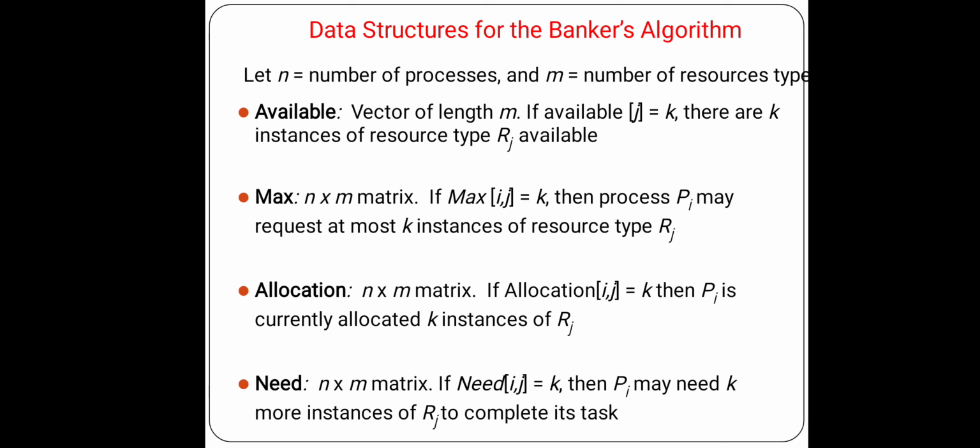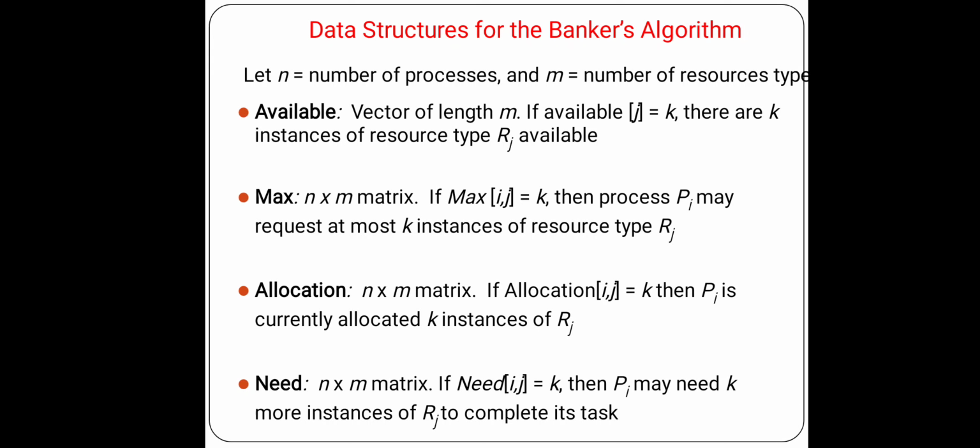And allocation means currently I am allocating 8. Need means max minus allocation, which gives you the need, the remaining resources which are needed to complete its execution, that is 2.